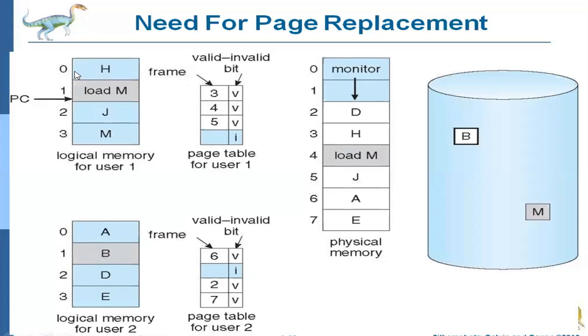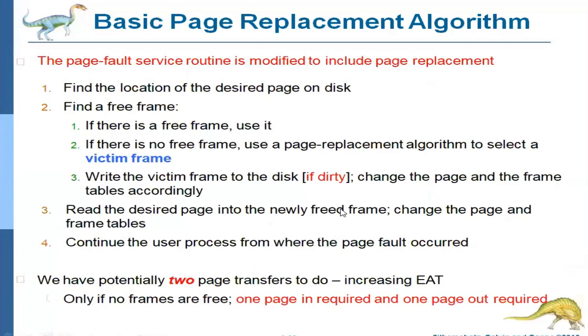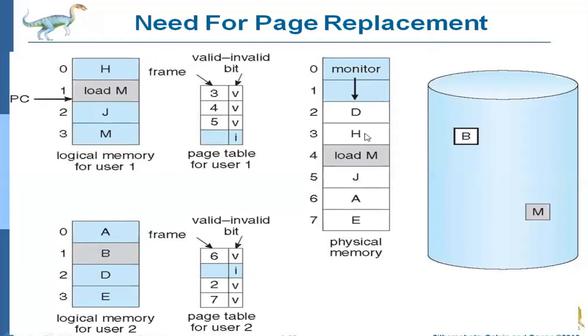So these are pages 0, 1, 2, 3. Here page 0 is in the third frame of the physical memory, or main memory, and the page stored there is H. Next, the CPU wants to execute the next page.